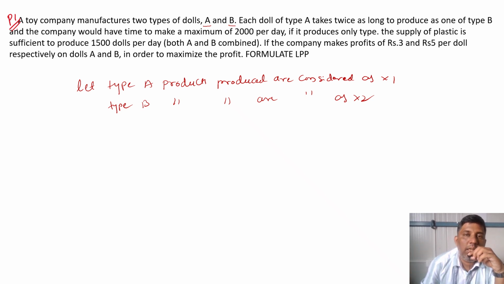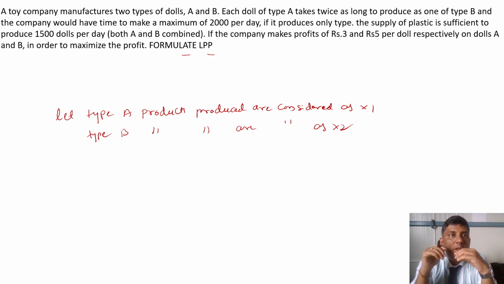You can see here, I already told you it should contain decision variables, an objective function, and constraints. So we'll read the statements. Here they have given two products, and these two products are going to become our decision variables.